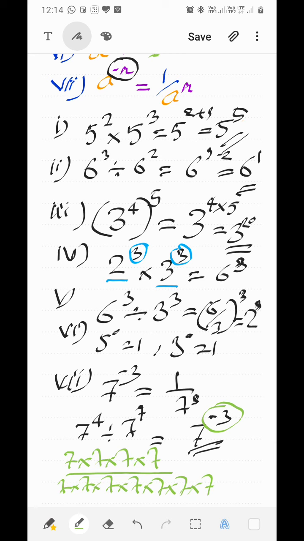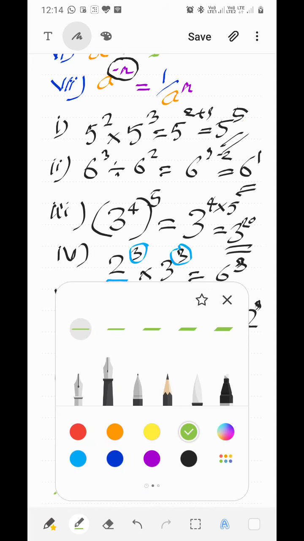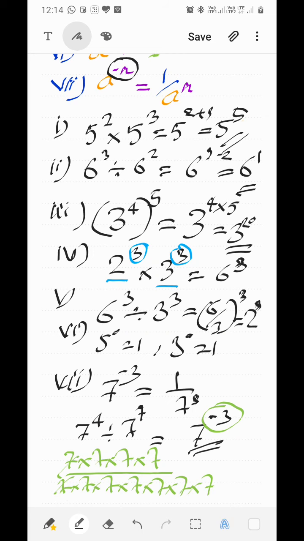How many 7s we multiplied? Yes, 4 7s. So here what happens? While dividing this, 7 by 7 cancelled, 7 by 7 cancelled, all the 4 7s cancelled. What remains? 1 by, 3 7s remain in denominator, so 1 by 7 raised to 3.